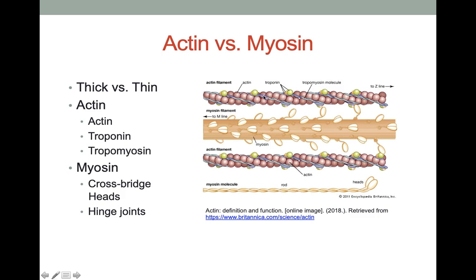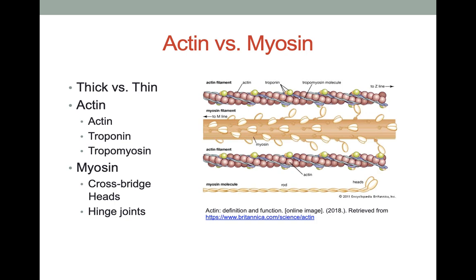You also have two other molecules involved with actin filaments. You have your troponin molecules, which are shown here in green, and the tropomyosin, which is kind of like a string connecting those green balls. So those three things together make up an actin filament.